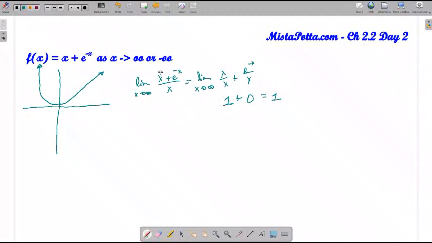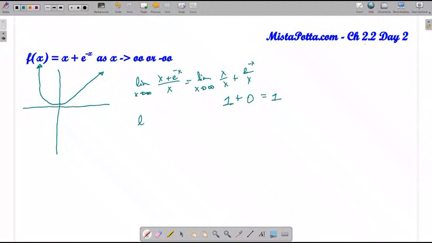So that means this x plus e to the negative x is growing at the same rate as x is. In other words, x is a good end behavior model for the right side of this function.